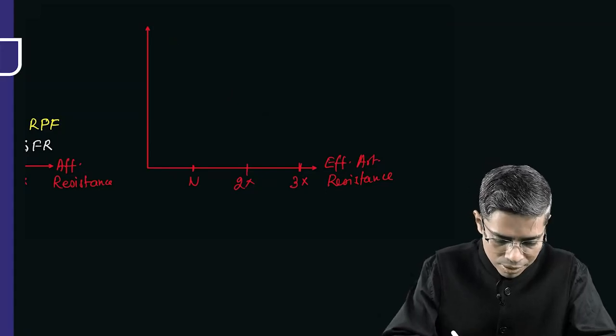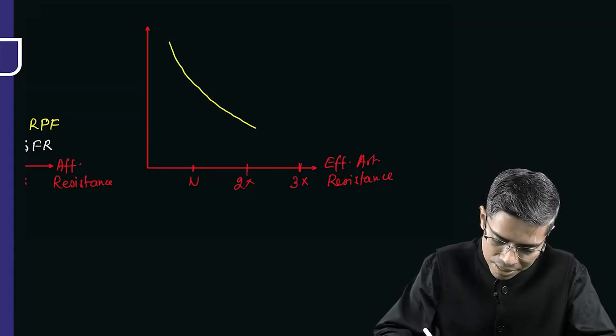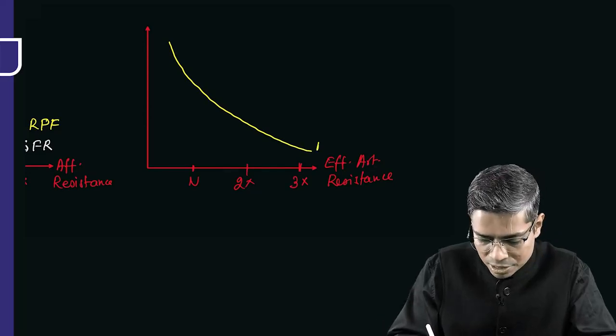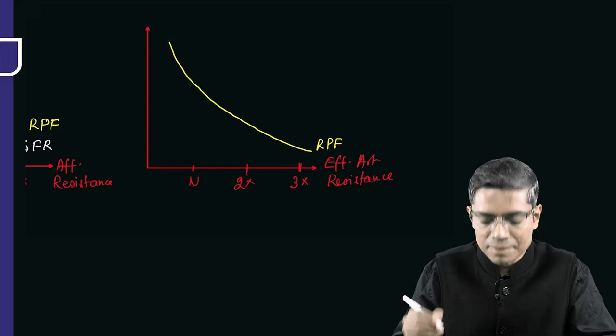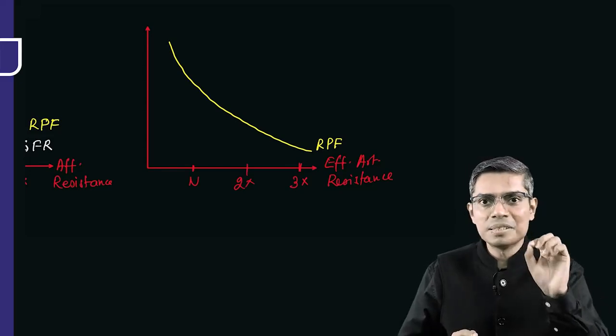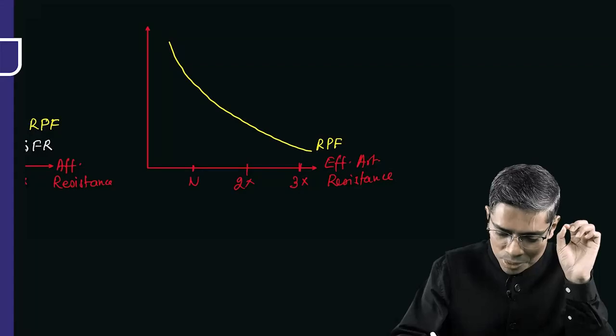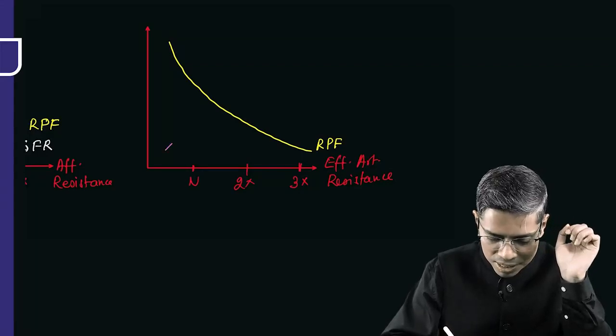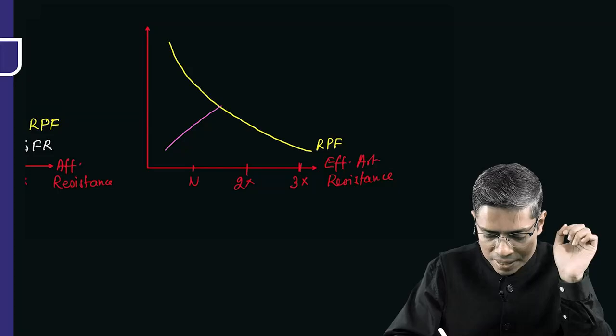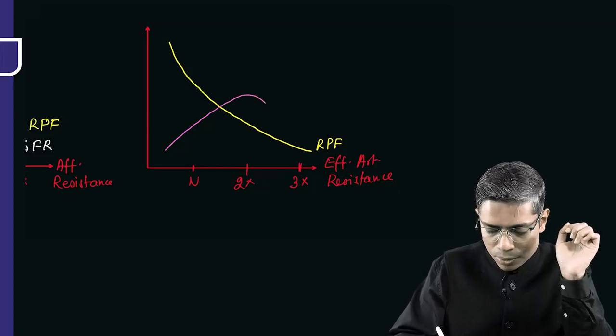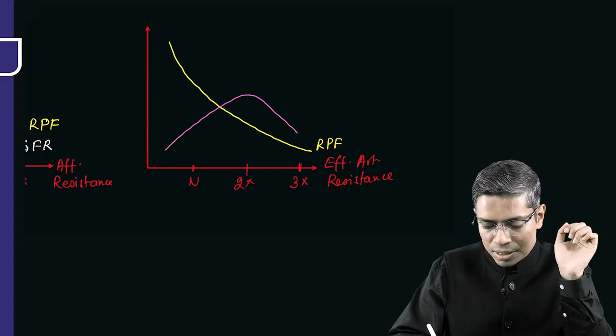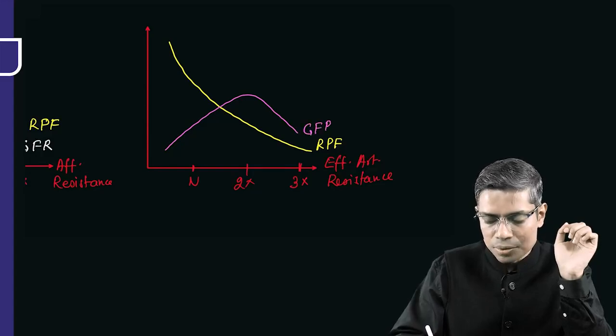So this is my RPF. But if you look at the GFR, I already told you that mild constriction means GFR will rise initially, and then if you go towards severe constriction, GFR will reduce, right?